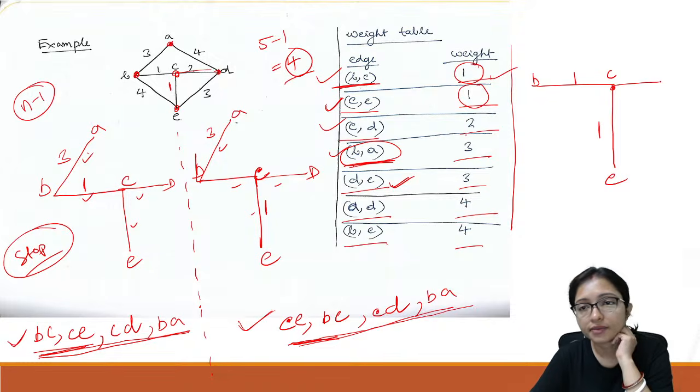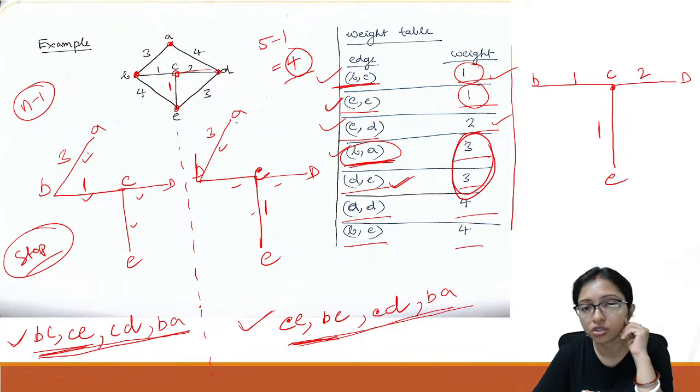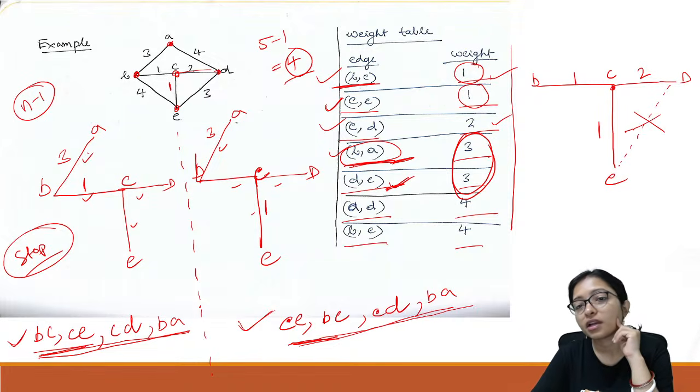CD is 2. That is what we took. Now this is also 3, this is also 3. BA is also 3, DE is also 3. If I am not taking BA, then can I take DE? It is creating a cycle. If you are taking DE, this will create a cycle.